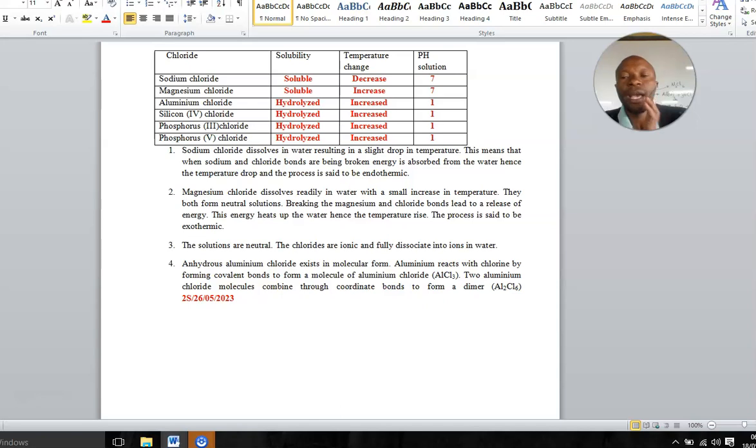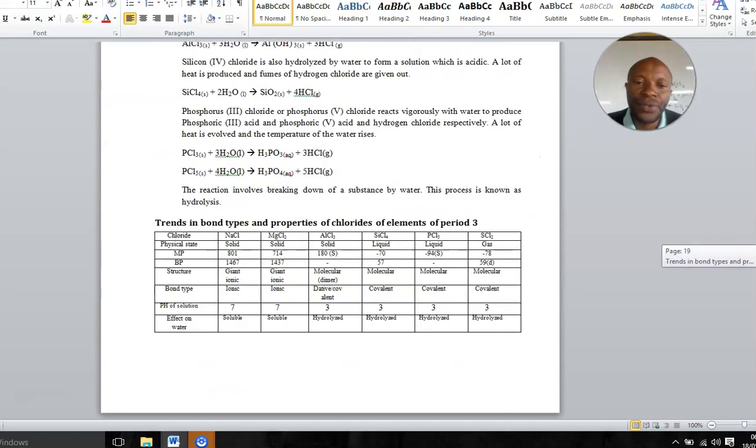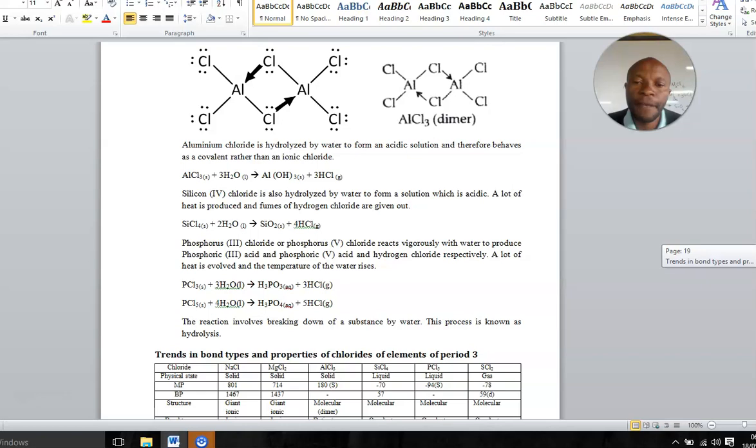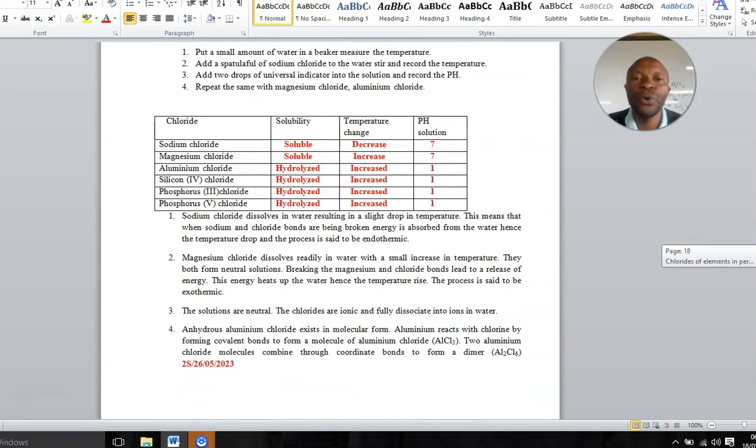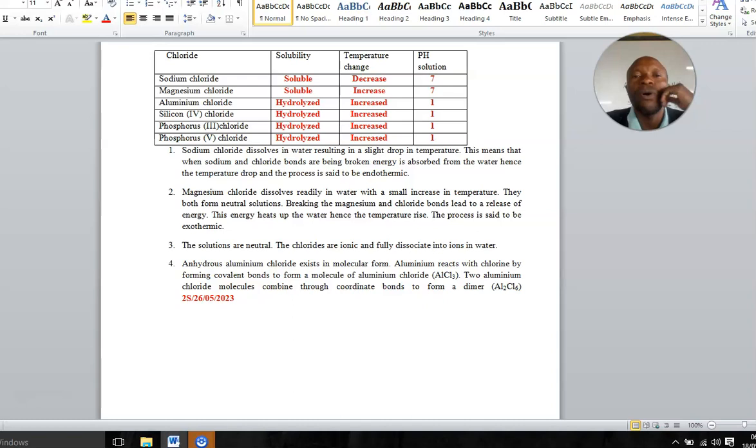Are we together? Okay, so those are the behaviors that we note on the chlorides in period 3 across the period. You have sodium chloride and magnesium chloride, being ionic substances that would dissolve in water to form neutral solutions. Then we have the other chlorides being molecular.